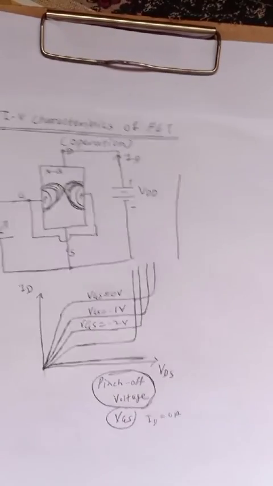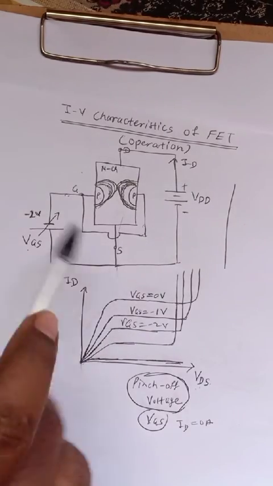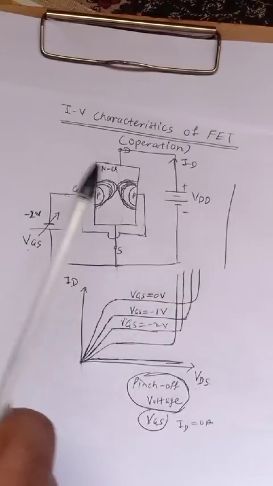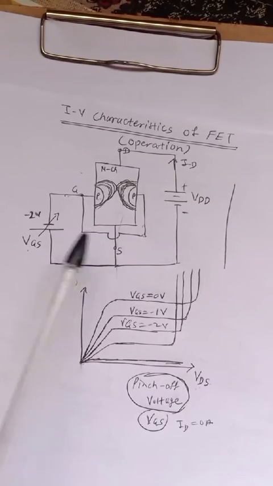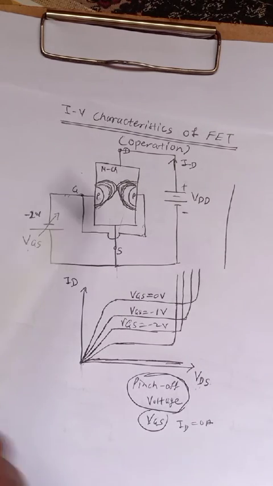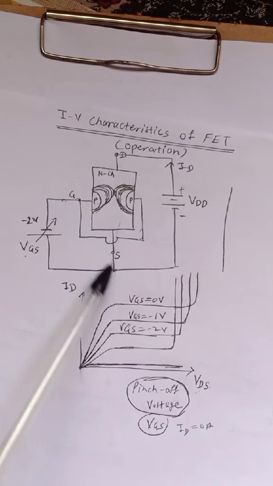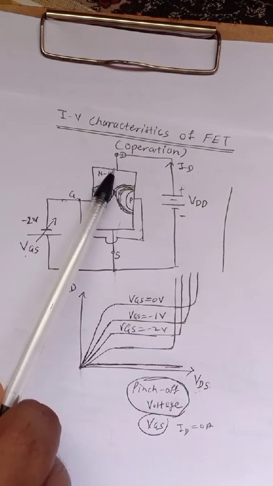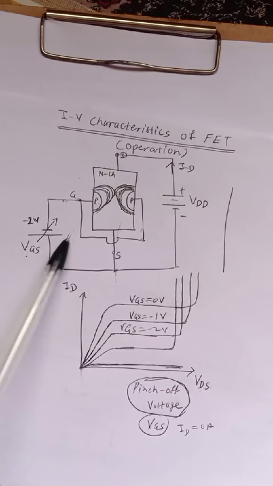So this is the characteristic curve of this FET, the IV characteristic, and how it operates. So keep in mind that the gate to source junction is always reverse biased, and the current flowing through this channel is controlled by this gate to source voltage.